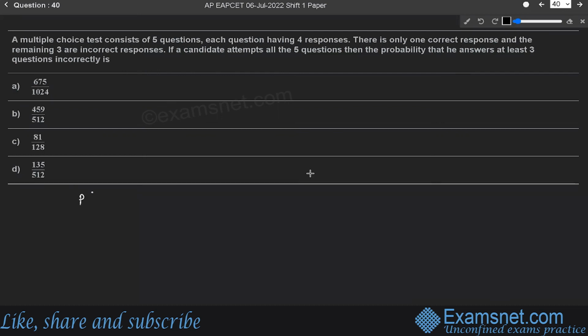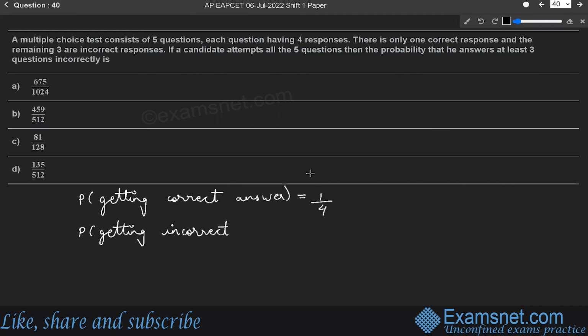Therefore, the probability of getting a correct answer will be equal to 1/4, because out of 4 responses, only one response is correct. So the probability of getting an incorrect answer will be equal to 1 − 1/4, which is equal to 3/4.